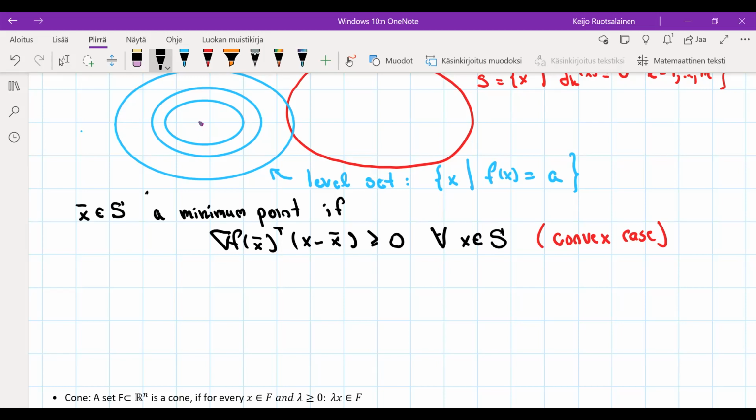So it's clear. And actually, this holds also for the non-convex case. So we can relax the convexity. We can say that this holds also for non-convex functions.